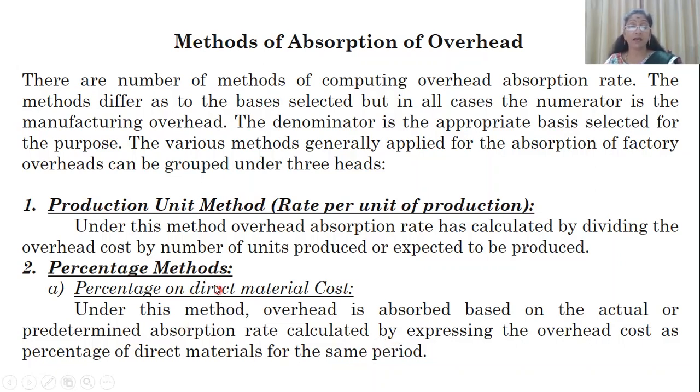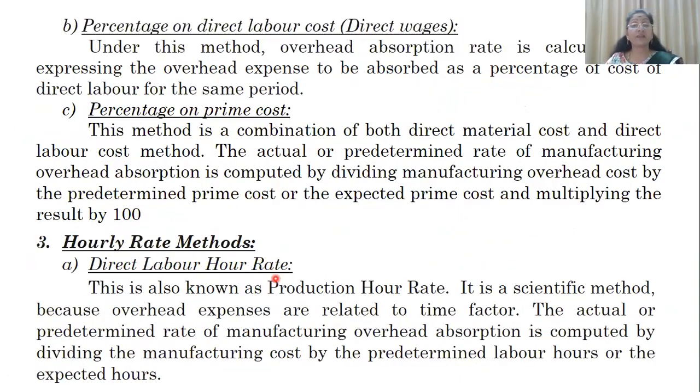We take overheads divided by direct material cost, and we get the percentage. Next, percentage on direct labor cost. Under this method, the overhead absorption rate is calculated by expressing the overhead expenses to be absorbed as a percentage of the cost of direct labor for the same period. That is overhead divided by direct labor into 100. We will get the percentage.